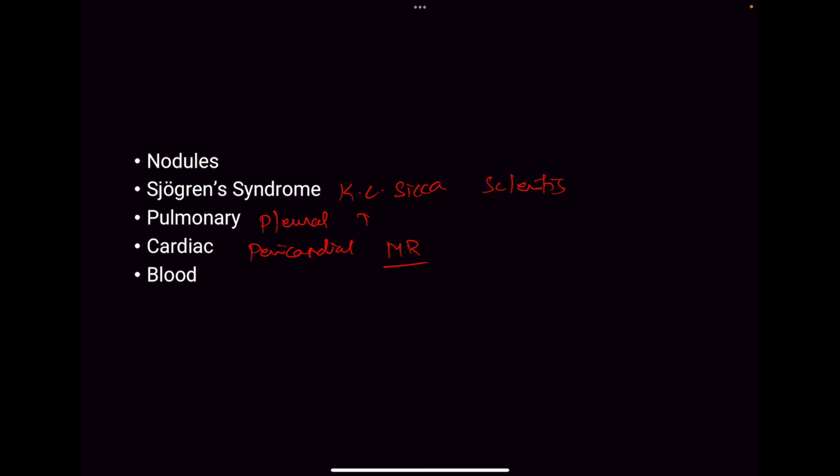In the lungs, it can cause interstitial lung disease. It can be associated with Caplan syndrome. You know, Caplan syndrome is rheumatoid arthritis nodules along with pneumoconiosis. And in blood, you all know Felty syndrome. Felty syndrome is nothing but splenomegaly and neutropenia along with rheumatoid nodules. And rheumatoid arthritis is associated with vasculitis as well. So there are heaps of systemic manifestations in rheumatoid arthritis.